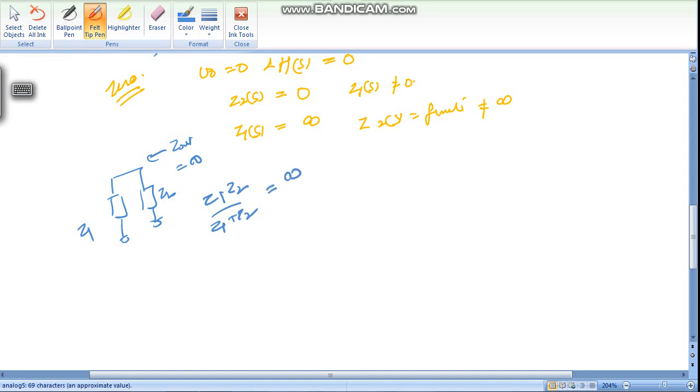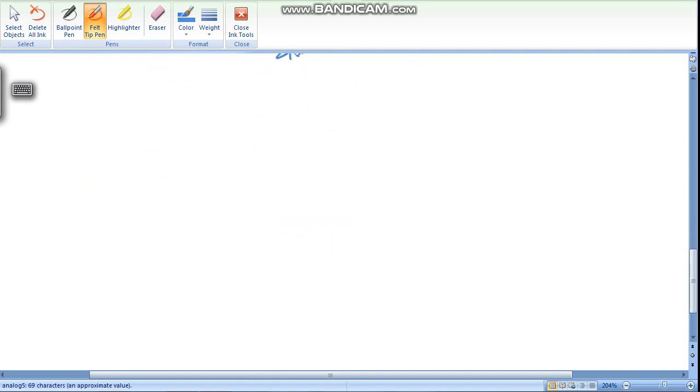This should be infinite, which means Z1 plus Z2 equals 0, so Z1 equals minus Z2. I am not writing s here, it is understood that we are working in Laplace terms. So this is the way to find poles and zeros.